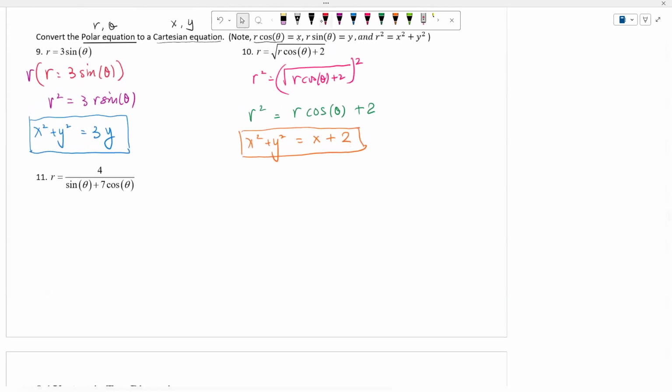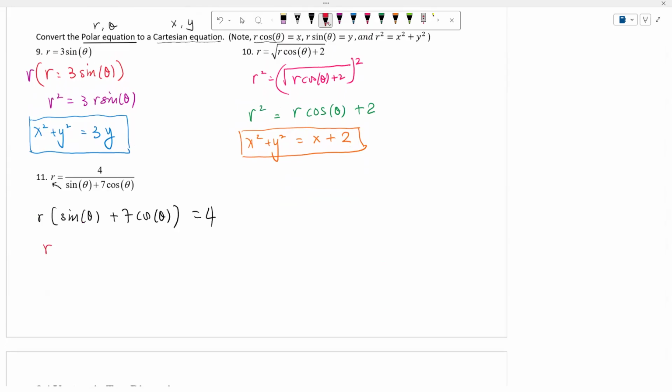How about the last one here? In this case, what if I use direct cross multiply? Then I have r times sine of theta plus 7 cosine of theta equal to 4.